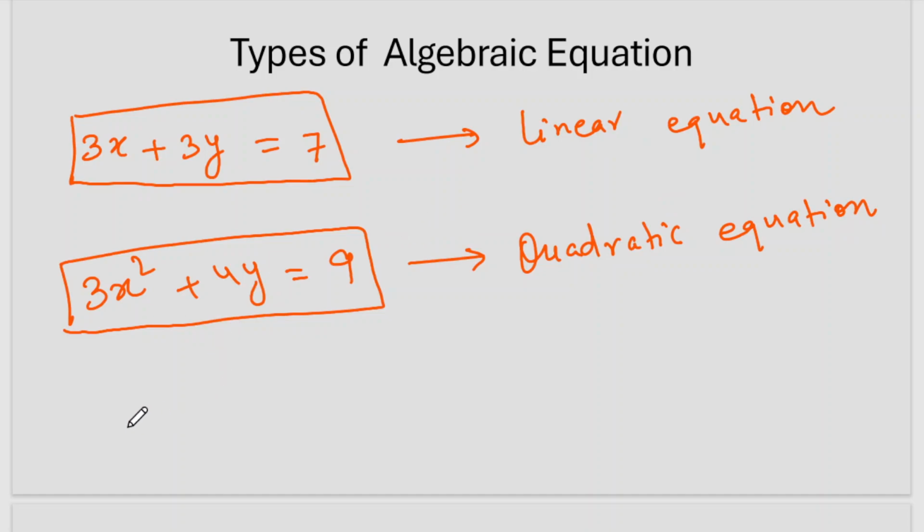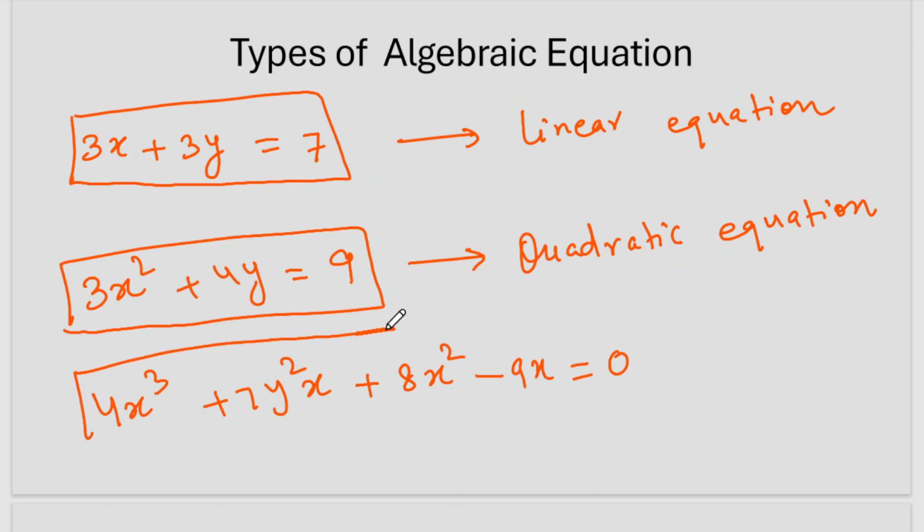Okay, now 4x cube plus 7y square x plus 8x square minus 9x, such type of algebraic expressions are given. And when it is written as equal to 0 or equal to something, we can say it is an algebraic equation.